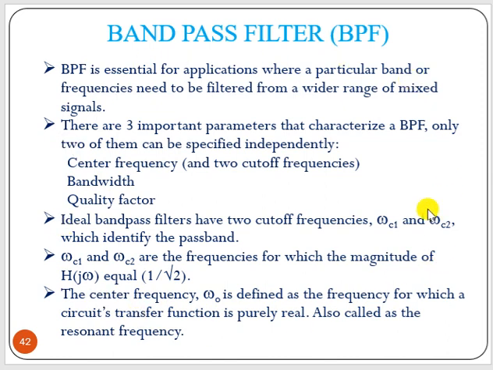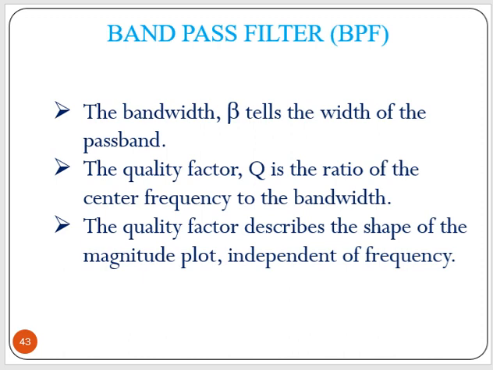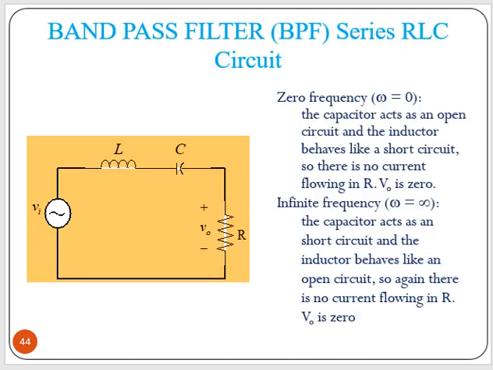So the concept of resonance comes into the picture for bandpass and bandstop filters. The bandwidth beta tells the width of the pass band. The quality factor is the ratio of the center frequency to the bandwidth. If you remember, in the resonant circuit the quality factor describes the shape of the magnitude plot independent of frequency.